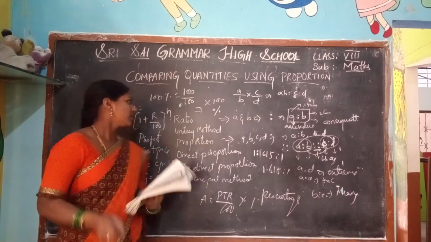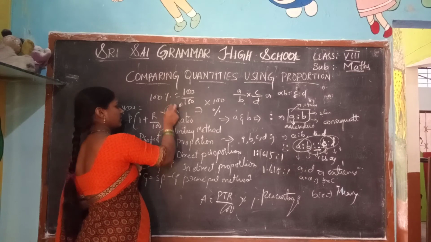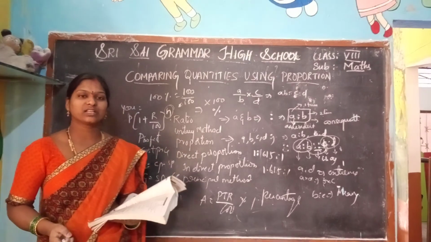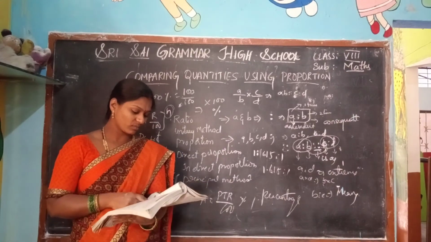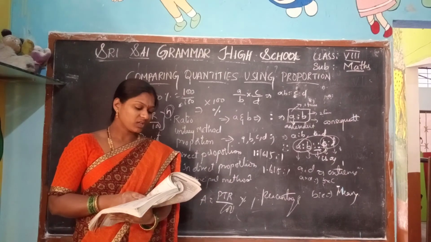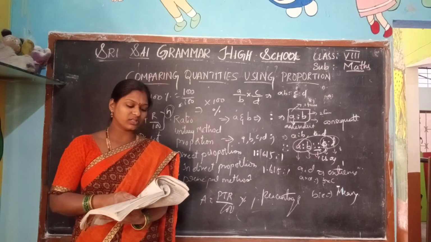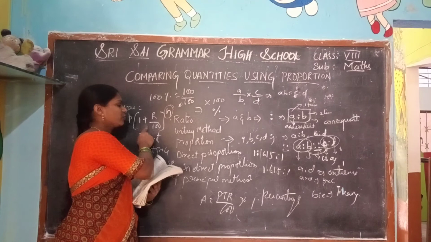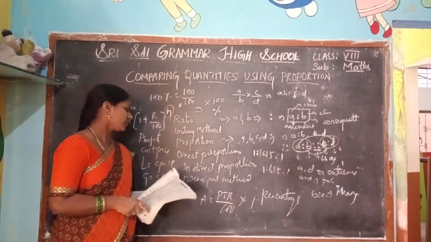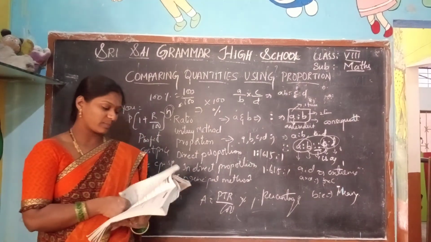Years are based on n. Years are considered to be n. And to calculate the interest on rupees of a given period, here we are going to use this formula: P into 1 plus R by 100.